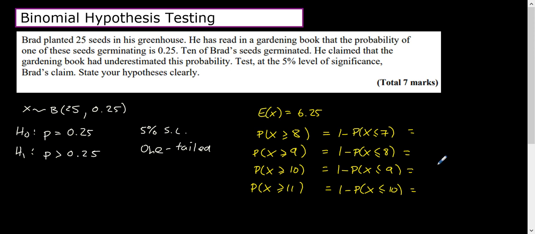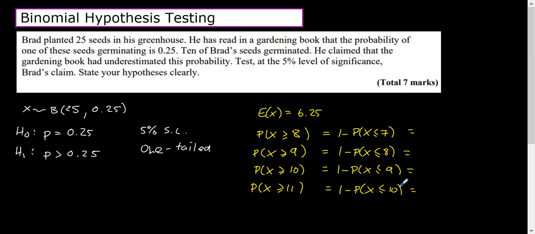So we'll go to menu 7, we'll go to binomial CD, we'll go to variable, which is on the Classwiz. If you've got the CG50, remember you don't have to do the 1 minus part, and the process for getting to that menu is slightly different, but you know it by now. So we've got x is 7, n is 25, and p is 0.25.